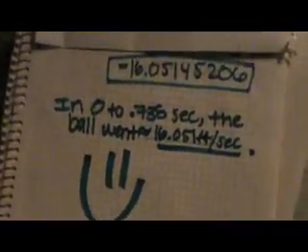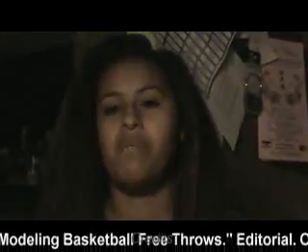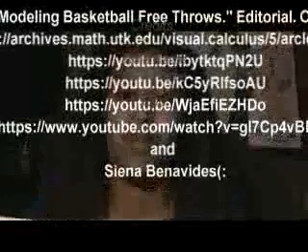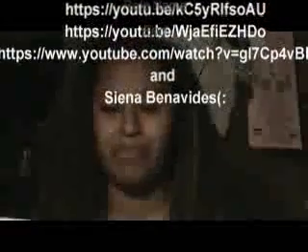16.051 feet. Basketball has given me so much, and it's been such a big part of my life. I don't know what I would do or what type of person I would be without it. I can remember being 4 years old and playing in the street, practicing in the rain, in the cold, in the hot. It didn't matter because I wanted to be great.